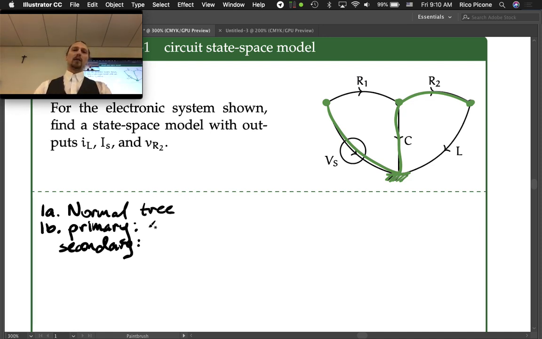Primary variables are defined as being across variables on elements in the normal tree, so on branches, and through variables on links. So across variables on branches would be VS, VC, VR2, and then through variables on the links would be IR1 and IL.